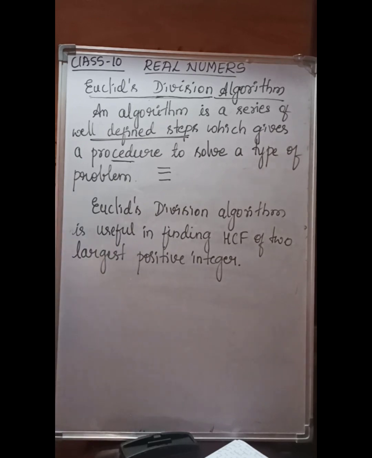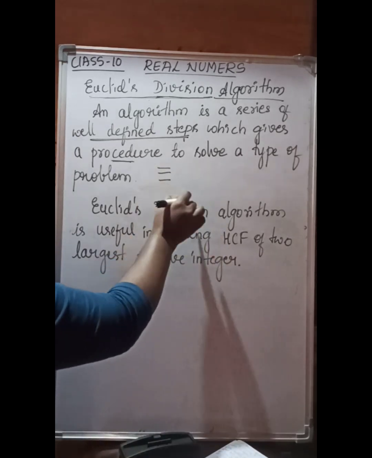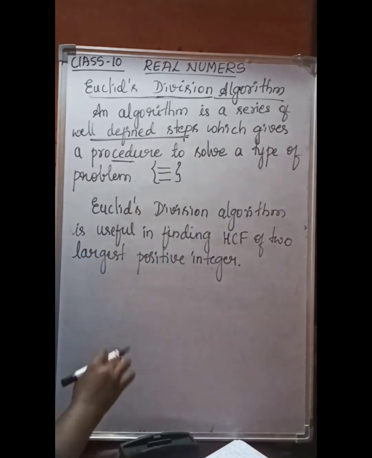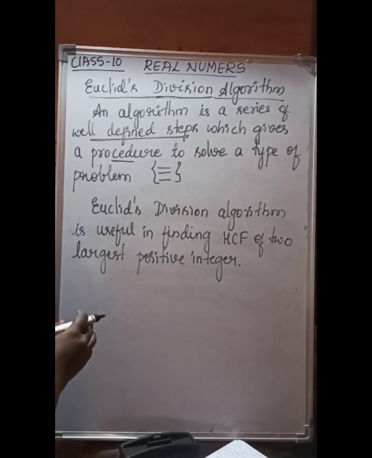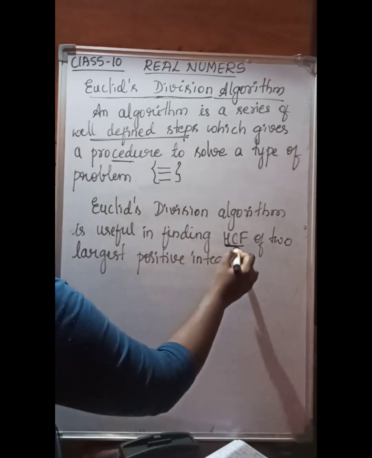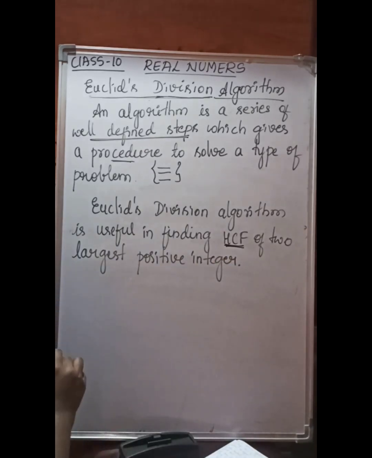We will see now. Euclid's division algorithm is very easy in this chapter. So algorithm is nothing but, you just remember, it is a series. Series means continuous well defined steps. It will give a procedure, a rule, to solve any type of problem. So where will we use this one? This Euclid's division algorithm we will use in finding the HCF of any two large positive integers.